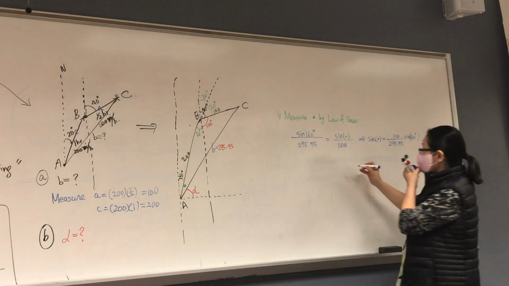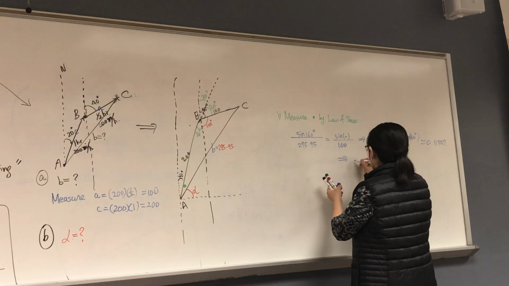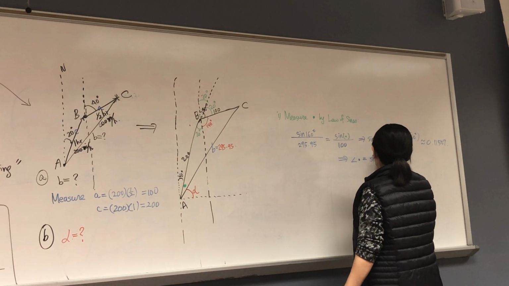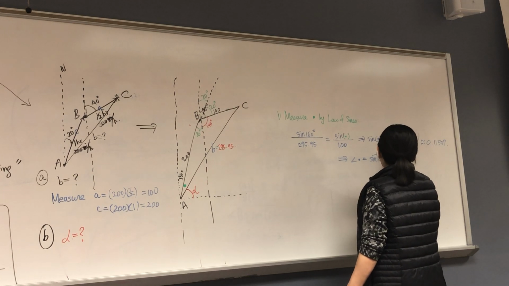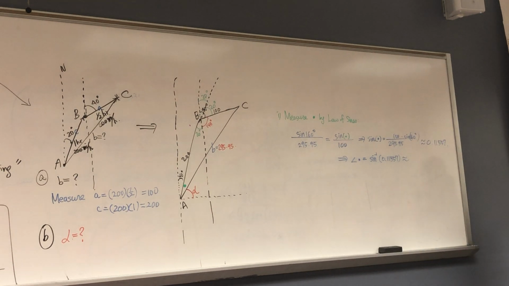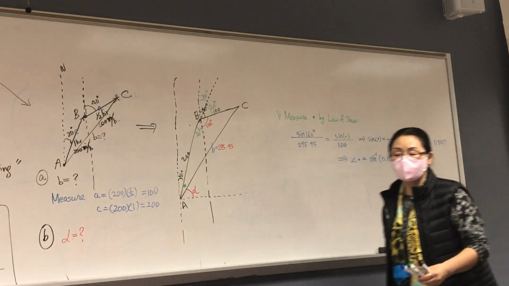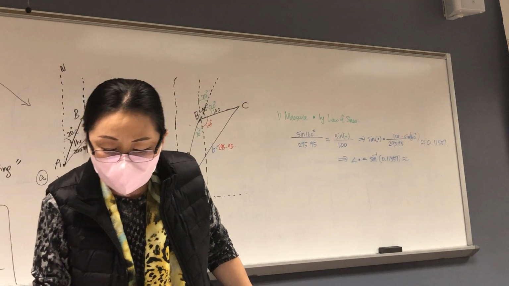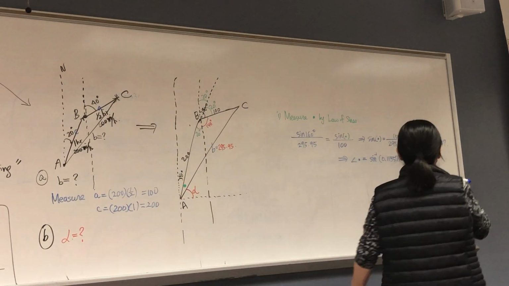So go to the angle. Therefore, the angle is sine inverse of 0.11557. What is it? Calculator. From the book, it is approximately 6.636.